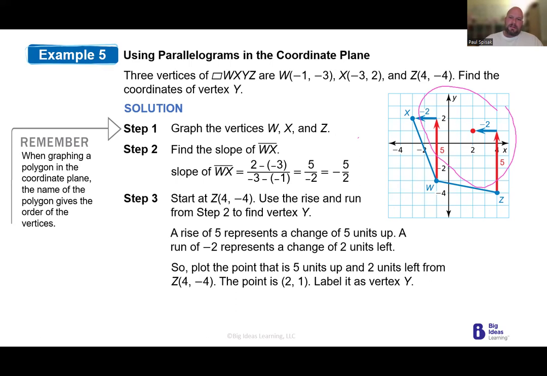So it's not really that you had to find the slope, but it's more so just finding what that change was. So to go from W to X, we went up 5 and back 2. Then from Z, we went up 5 and back 2, following that same pattern so that our lines would be parallel. And if those two lines are parallel, then we're able to identify our point, which will end up finishing off our parallelogram.